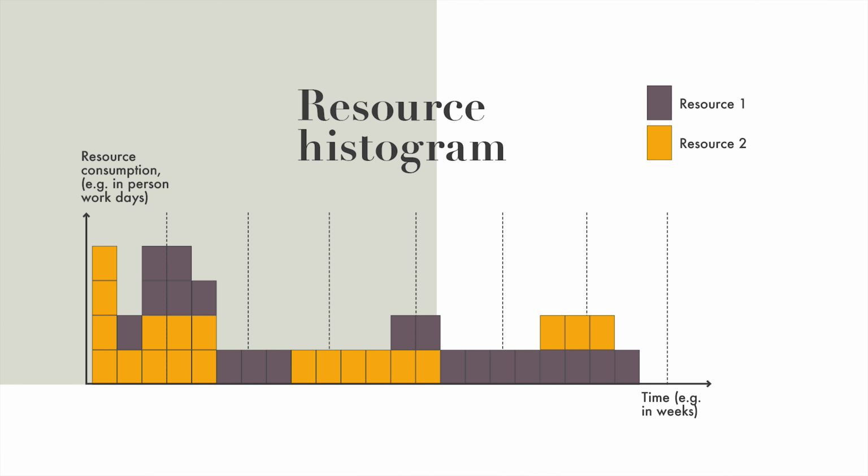From this diagram, we can see that we need 4 resources of type 2 during the first week in our project. The last step of resource planning is leveling project resources.